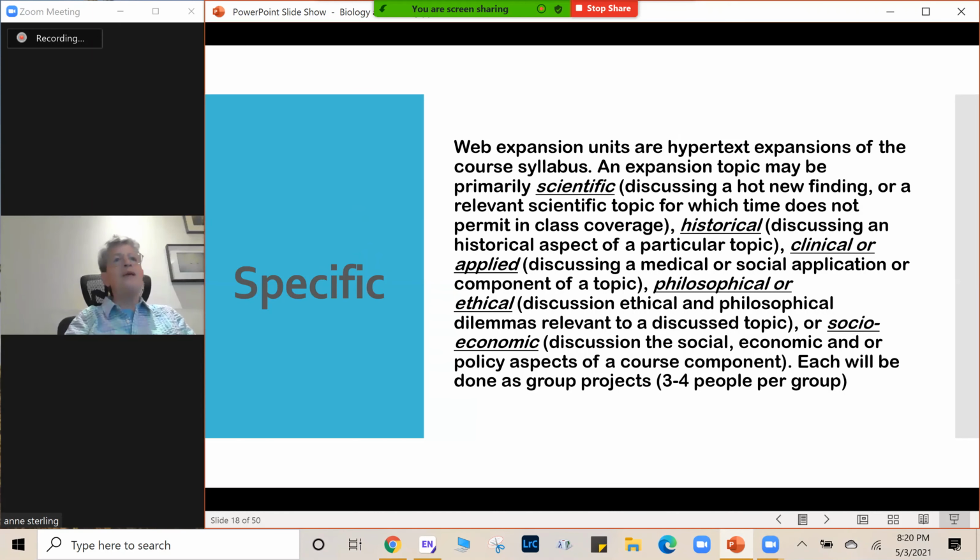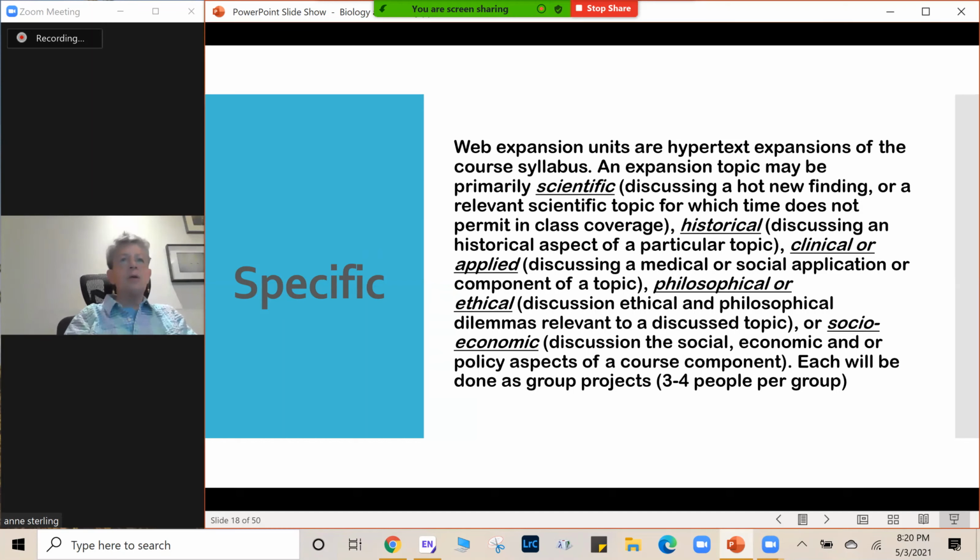Specifically, these web expansion units are hypertext expansions of the course syllabus. An expansion topic may be primarily scientific, that is, discussing a hot new finding or a relevant scientific topic for which time does not permit in-class coverage. It may be historical, discussing an historical aspect of a particular topic.